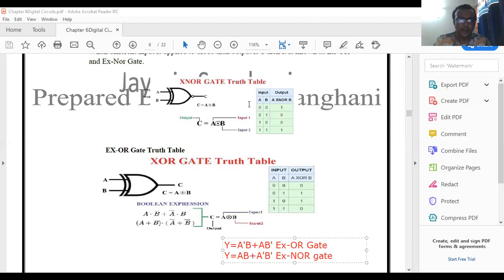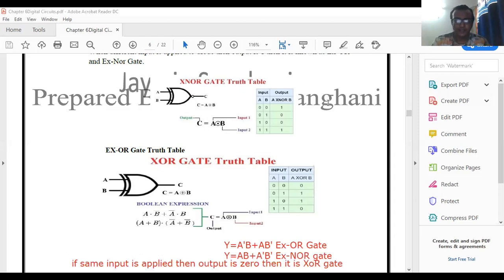What is the difference between XOR and XNOR? If both inputs are the same, then output is 0; that is the XOR gate.